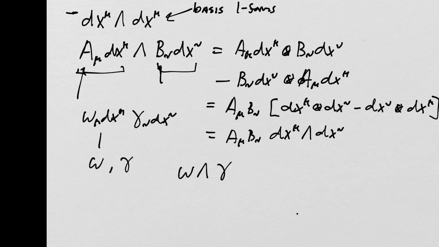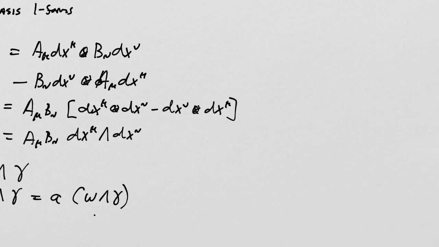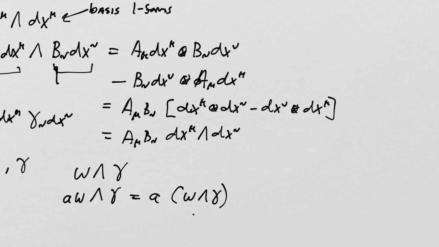Right now I'm only talking about the wedge product in terms of one forms. So given that, if I take a scalar A and multiply by omega, A omega wedge gamma is equal to A times omega wedge gamma. And likewise with the gamma. Another thing that's important to show, so I've got this ability to handle scalars.